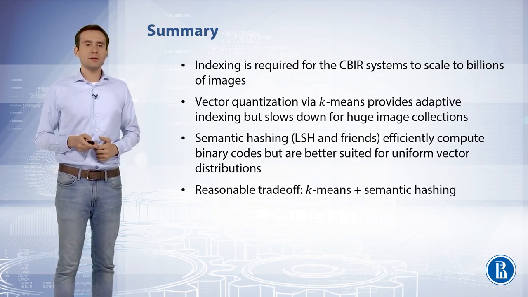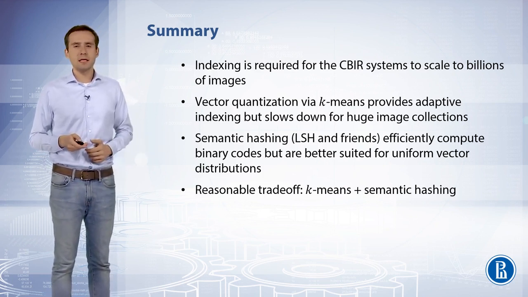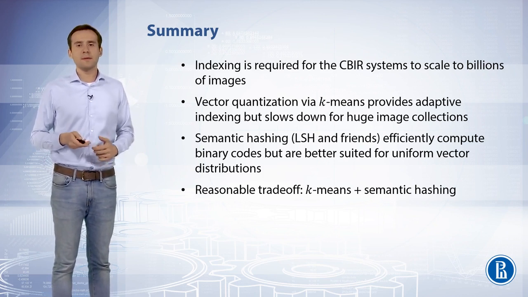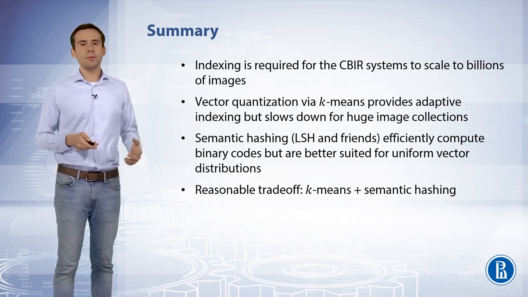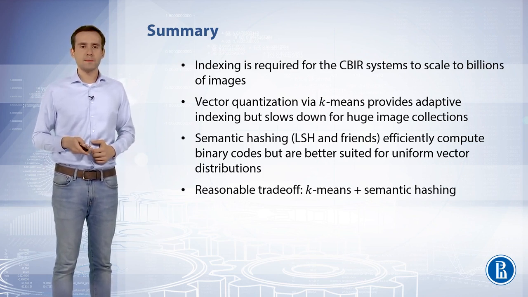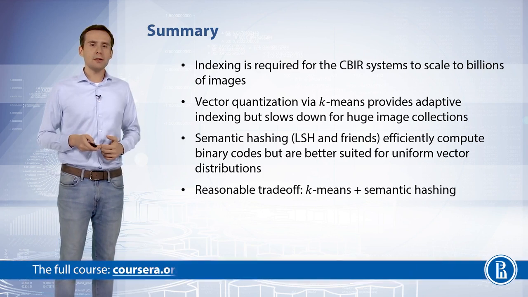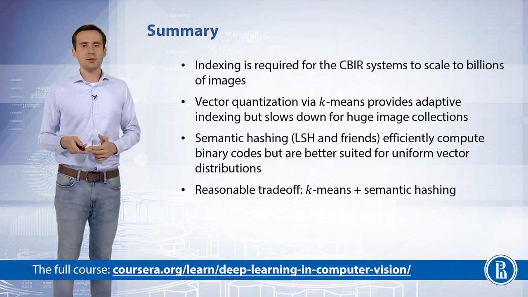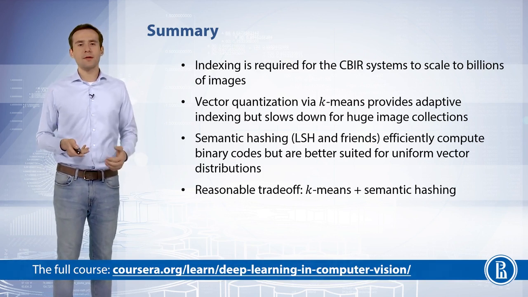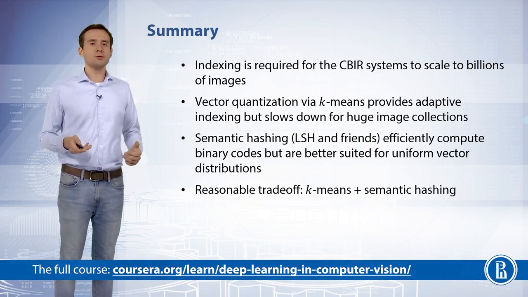We can also use semantic hashing, for instance LSH and maybe some others, that efficiently compute binary codes but are better suited for more uniform vector distributions. A reasonable trade-off would be combining K-means and semantic hashing into structures such as GIST that favor quick retrieval in huge databases.